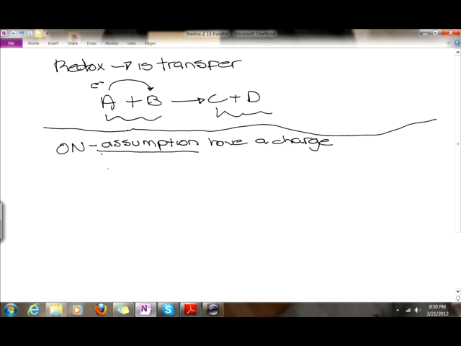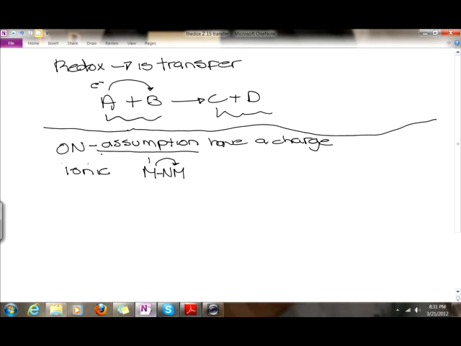This is very important to understand. When you have an ionic compound, I don't know if you remember this, in an ionic compound, you have a metal and a non-metal, in which the metal gives an electron or two electrons, depending on the charge and the valence of the metal, to the non-metal.